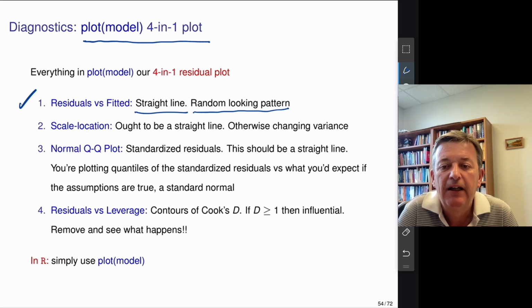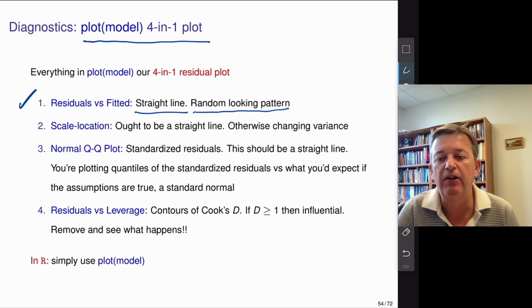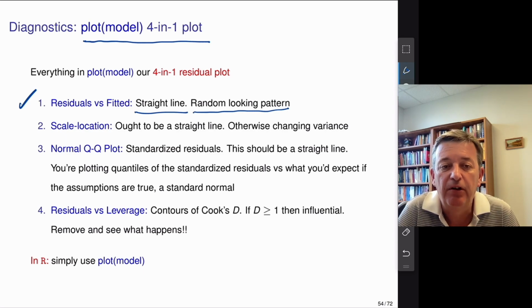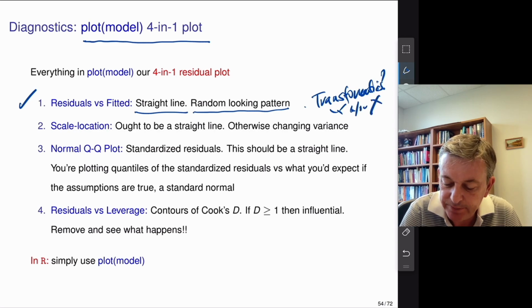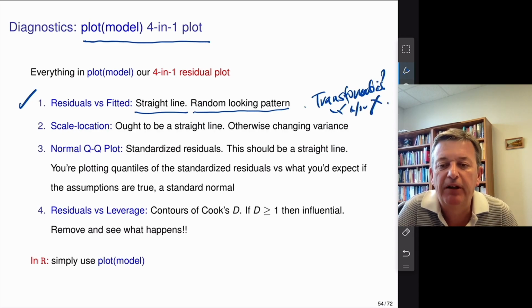If there are, that's a sign of nonlinearity in your data, and you might want to think of transformations. And that's transformations of y and or x. The transformation on y will clearly have greater effect on straightening things out.